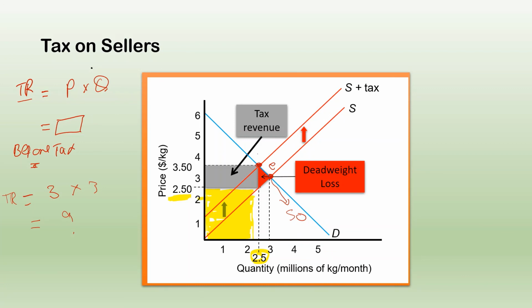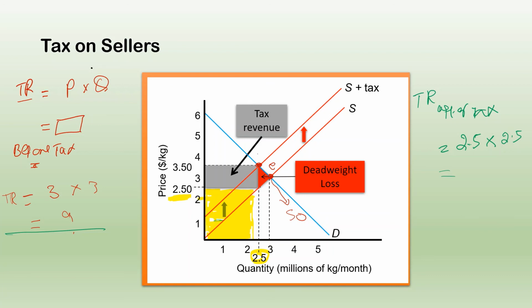And in this case the total revenues to the seller after tax is equal to the price 2.5 multiplied by the quantity which is also 2.5, and again it is actually the area of this yellow rectangle.